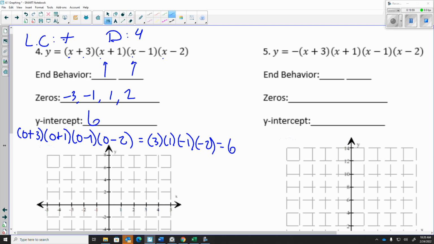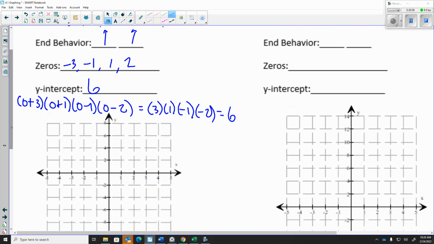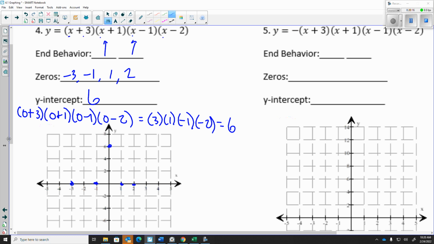I've got all my pieces, so now I just need to put them on the graph. Zeros are -3, -1, 1, and 2. Y-intercept is 6. Up, up. So from here I go up. Okay with this? Then you just connect the dots.